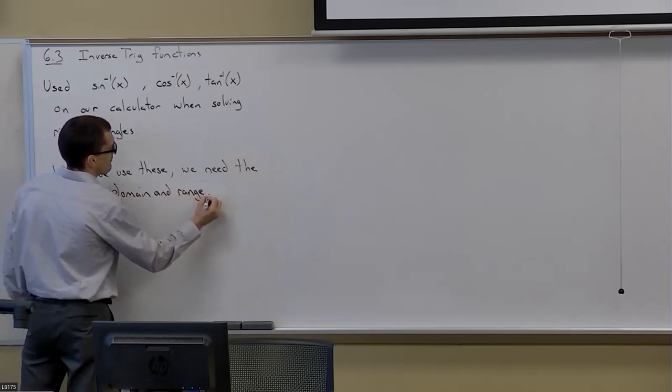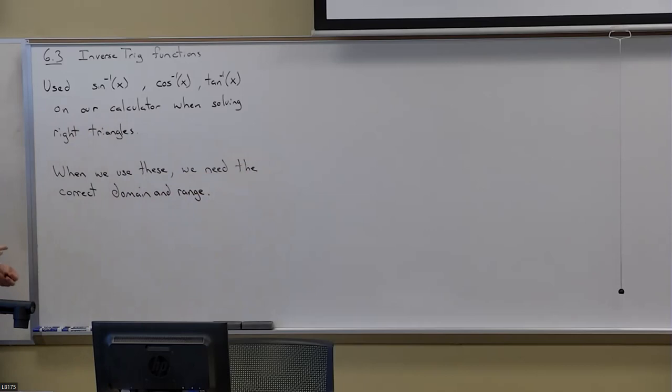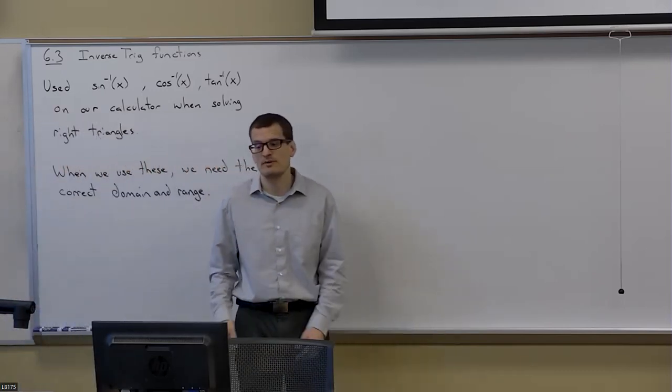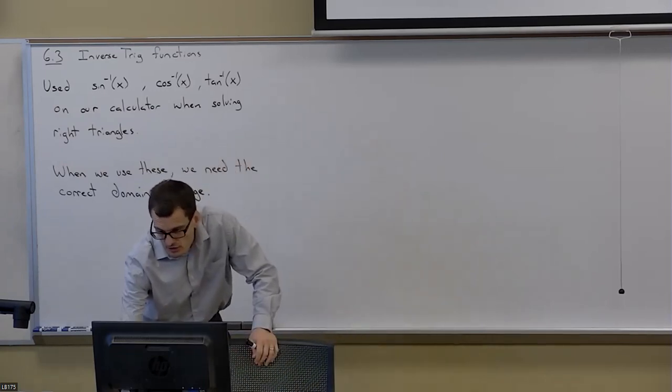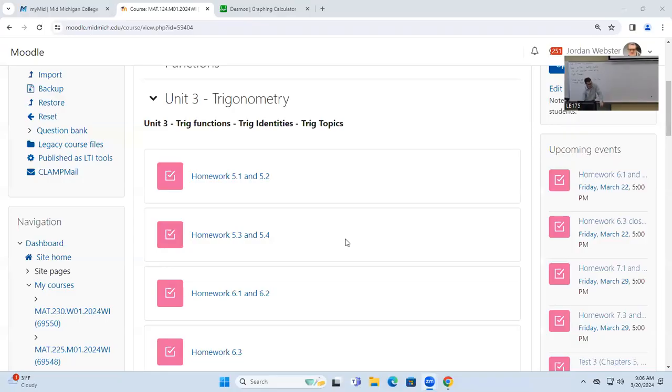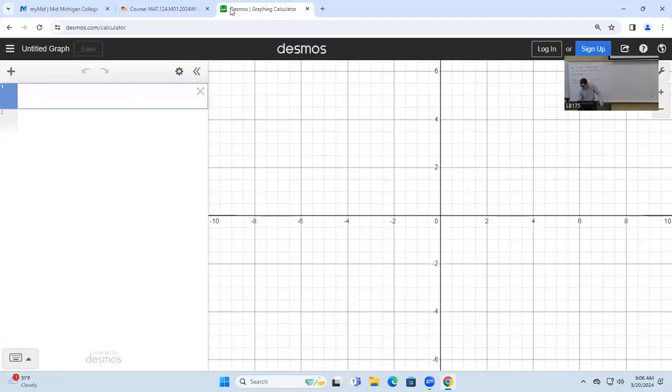And it turns out the domain and range for these are not going to be all the same, right? For your sine inverse, for your cosine inverse, for your tangent inverse, the domain and range are not the same. And we know that because if we look at a graph of just sine, for instance, so let's take a graph y equals sine x.